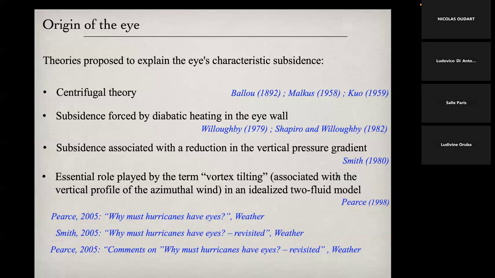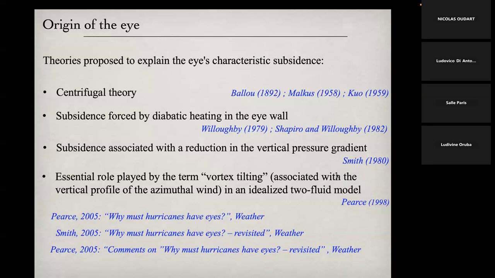the azimuthal wind, which is called the vortex tilting, plays an important role. And you can see that this mechanism has given rise to a number of exchanges in the weather magazine. So in particular, Roger Smith criticizes Peirce for basing his reasoning on the pre-existence of the convection ring.